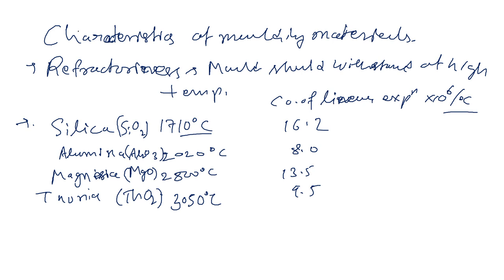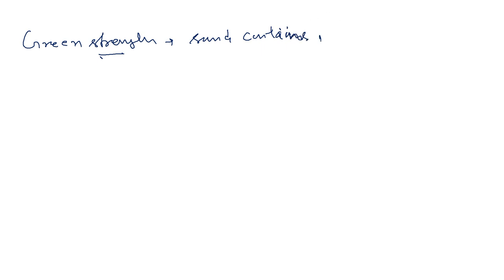So another property is the green strength. The material should have green strength, so it can sustain its strength. When the sand contains moisture, it is referred to as green sand.